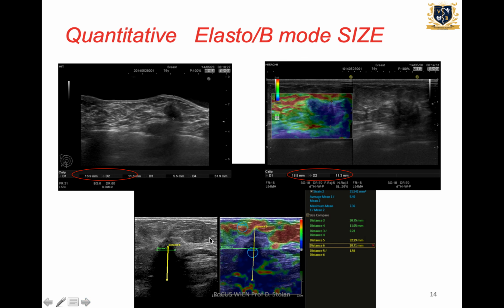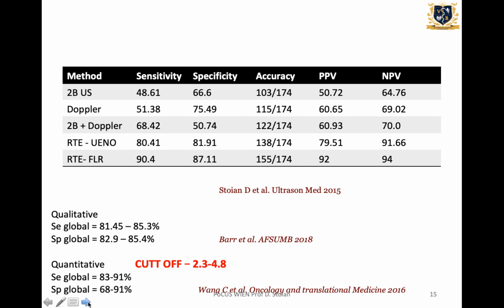This is valid for another device too; there is a difference in size observed, with a bigger size, especially a higher diameter, in elastography, because the stiffness involves not only the lesion but also the healthy surrounding tissue.